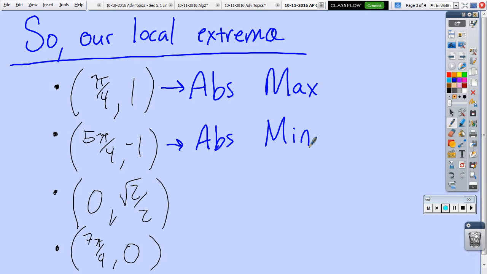And we're comparing the y values. Yeah, exactly. Because the y value is the actual value of the function. You guys good? Okay.